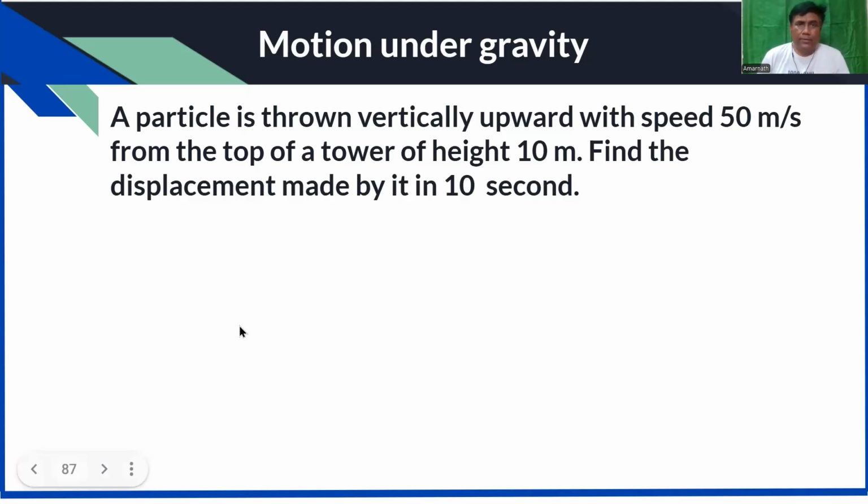Okay. Try this question. A particle is thrown vertically upward with speed 50 meter per second from the top of a tower of 10 meter. Find the displacement made by it in 10 seconds. Okay. Please try.